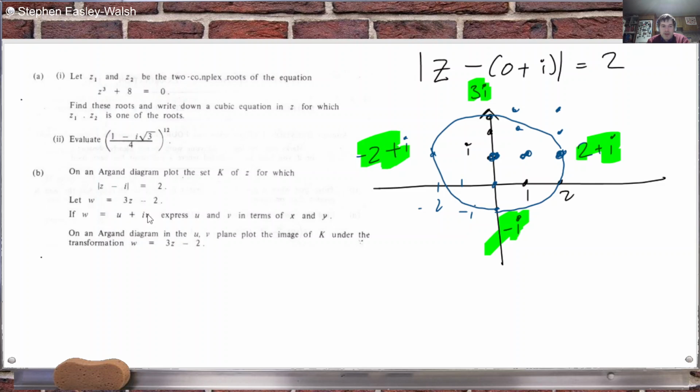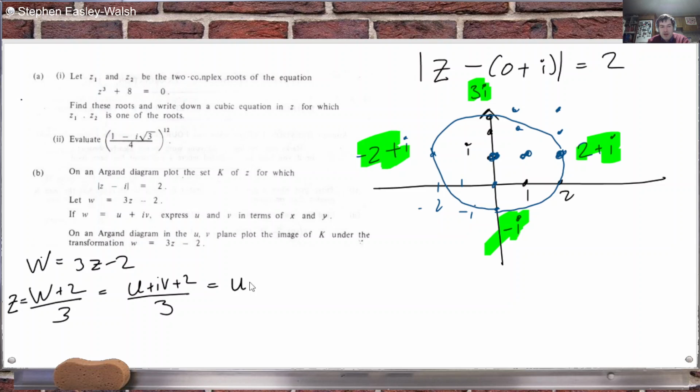Right, let W equal 3Z minus 2. If W equals U plus iV, express U and V in terms of X and Y. Okay, so if W equals 3Z minus 2, that means W plus 2 over 3 is equal to Z. So that's U plus iV plus 2 over 3.